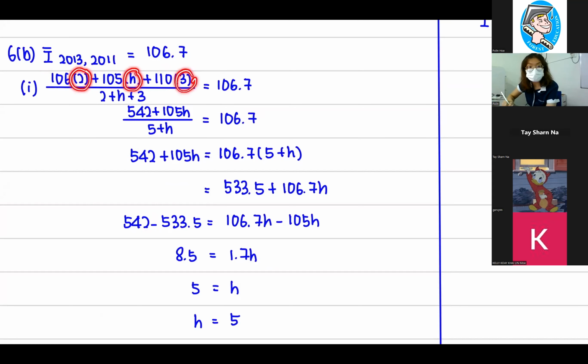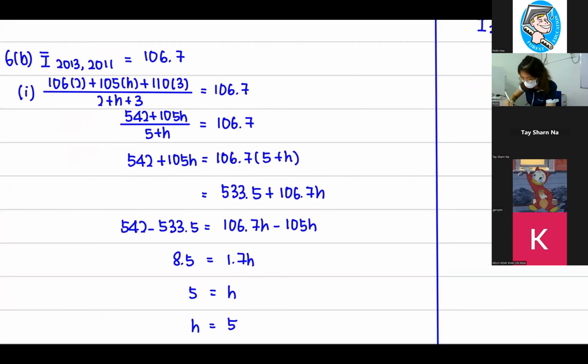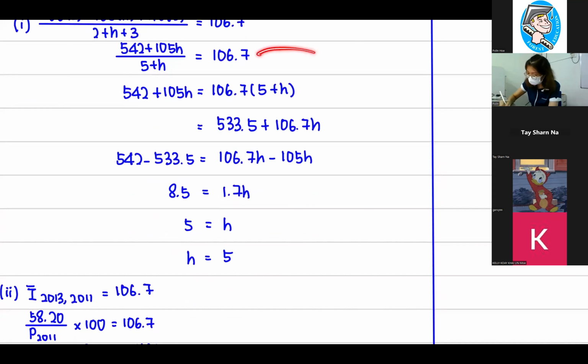So it is summation of IW over summation of W. Of course, your I is 2013 based on 2011, and you have H in the numerator and the denominator as well. This is the difficult part. But from here, you can straight away give me the answer.